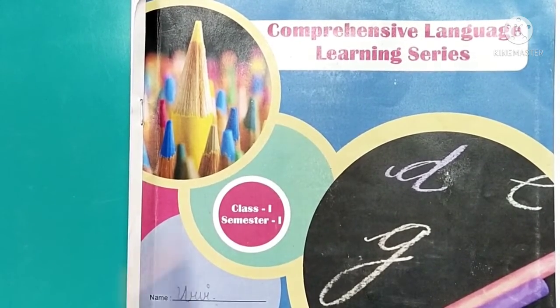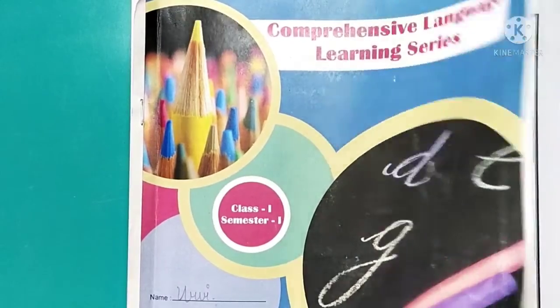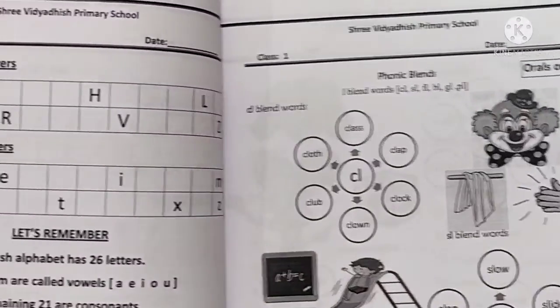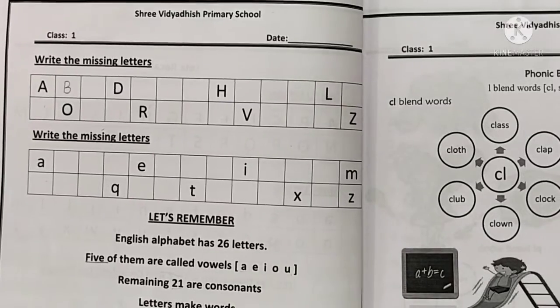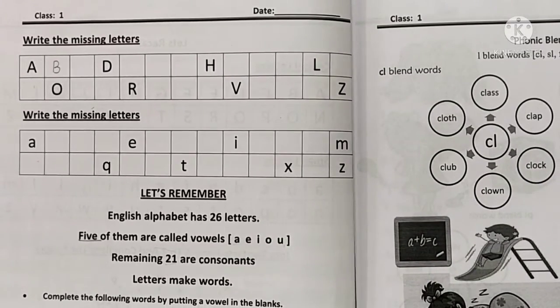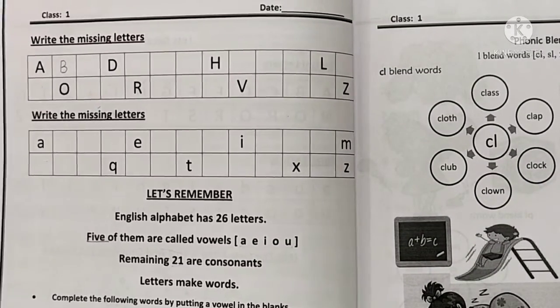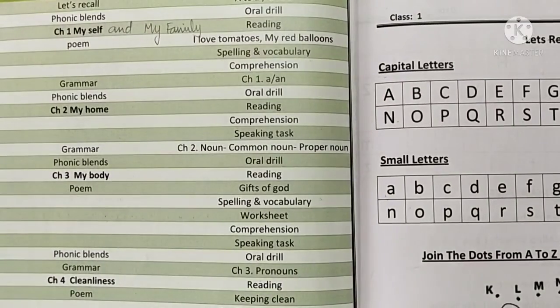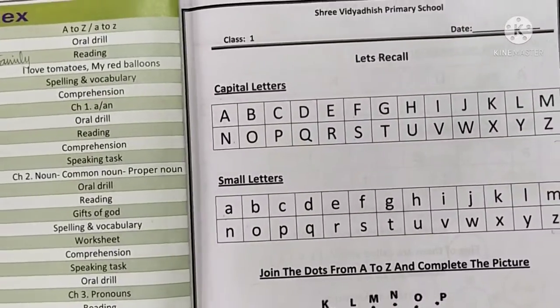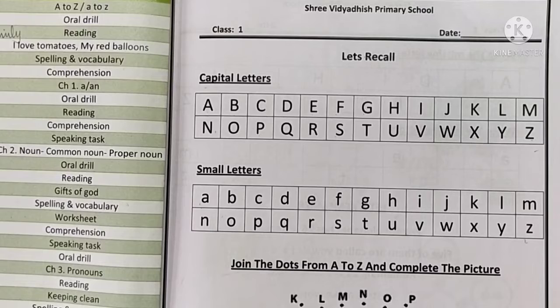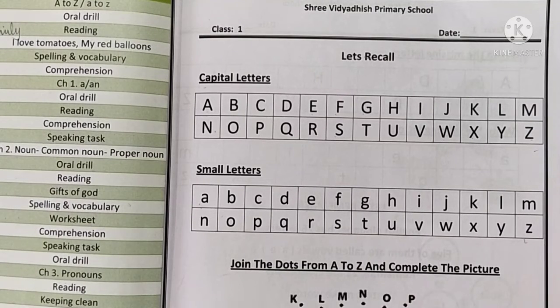Now students, open your textbook Comprehensive Language Learning Series. Open page number 2. In our previous English class, we did a small recall of the alphabet. How many letters did we do? 26.